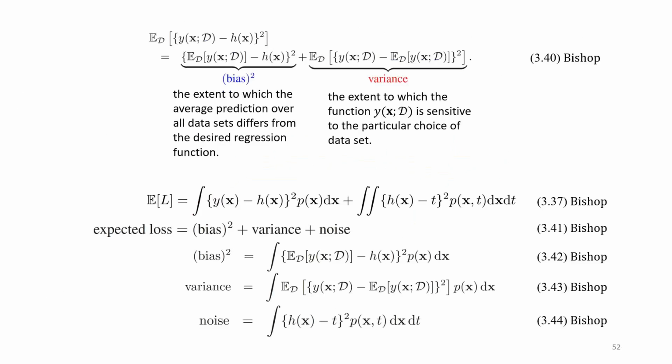So here is what the authors want to tell us. The D here is a set of sampled data. If we have a set of sampled data, we can create a Y curve.